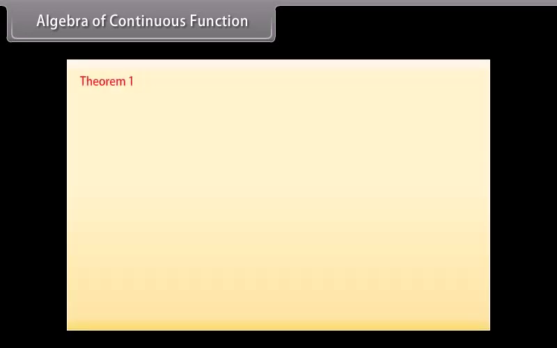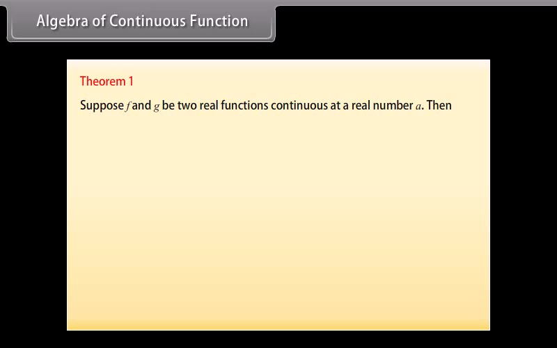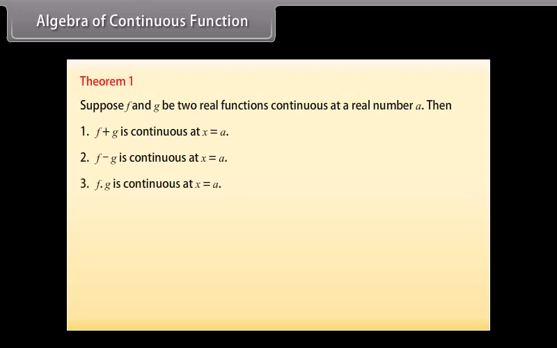Algebra of continuous functions. Theorem 1. Suppose f and g are two real functions continuous at a real number a, then 1. f plus g is continuous at x = a. 2. f minus g is continuous at x = a. 3. f into g is continuous at x = a. 4. f by g is continuous at x = a, provided g(a) is not equal to 0.